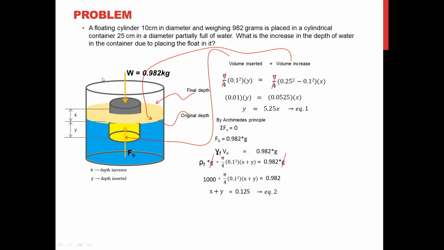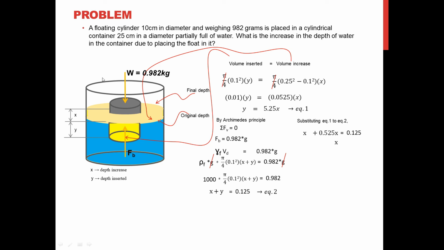We have two equations with two unknowns, that is x and y. So we simply substitute equation 1 to equation 2. So x plus y is 5.25x, is equal to 0.125.